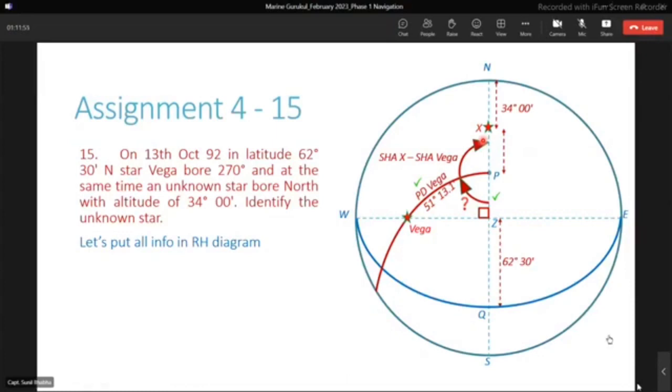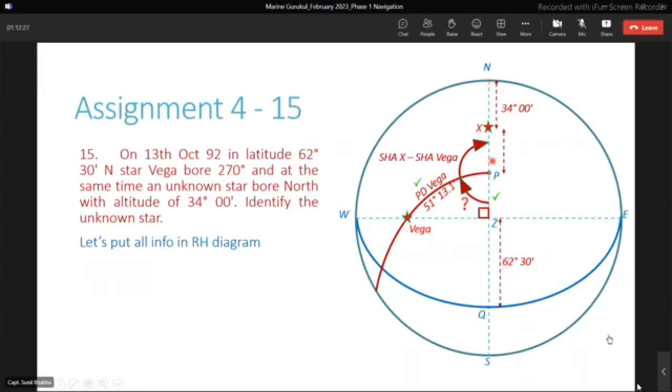So let's now see how we find out the declination of the unknown star. Concentrate your attention on November to Papa. November to Papa is the elevation of the pole or altitude of the pole. Now we know that the elevation of the pole, or altitude of the pole, is equal to the latitude of the observer. And we know the latitude is 62 degrees 30 minutes.